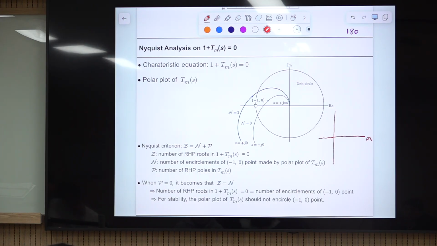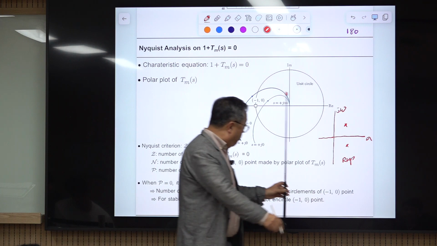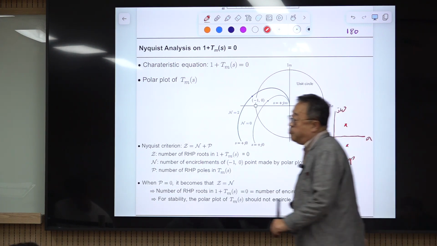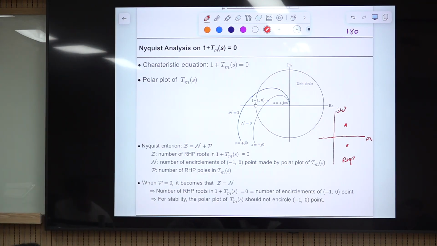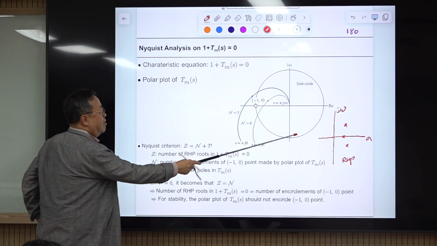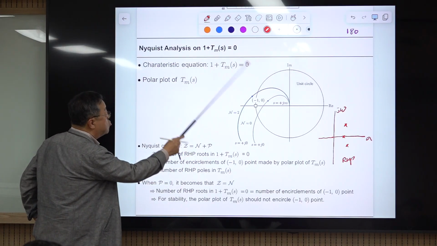This is the S plane, with sigma and j omega. If there is this type of pole, this is the RHP. If poles occur here, they appear as a complex conjugate pair, and sometimes a real pole appears here. Then the system becomes unstable. It has a right half plane pole, root.